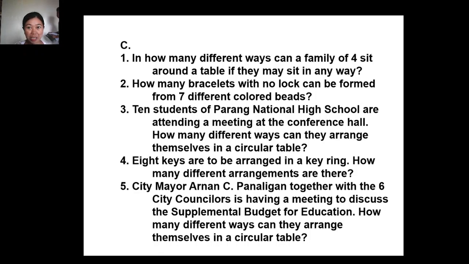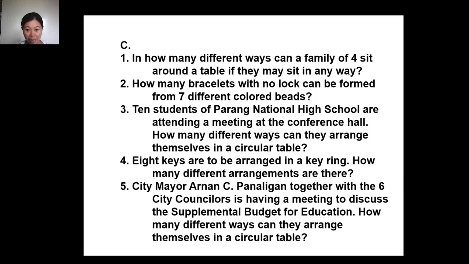Okay. For letter C, malinaw naman around a table. Kalagay dyan. Bracelet with no lock. So, meron tayong formula para dyan. Ayan. Number 3, circular table. May clue na kayo kung ano yan. And then number 4, ring. So, 8 keys are to be arranged in a key ring.